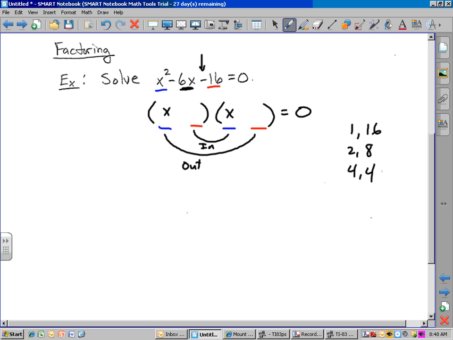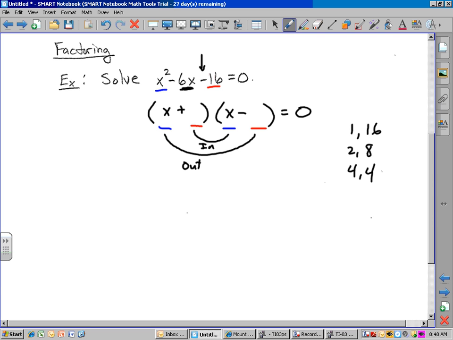If that's negative, then the 2 signs that we use in our binomials will be opposite, either plus minus or minus plus. If that was a positive, then we would look at the first sign and write that one twice. In this case, if this was a plus 16, we would go to the negative 6 and write negative twice. But it's a minus, so we have plus minus.